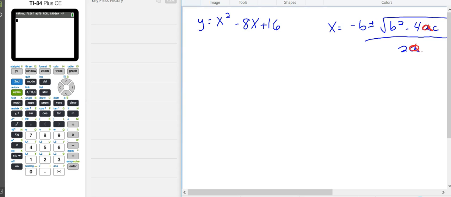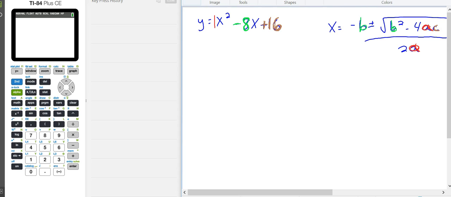Wherever we see an a in our formula, we're going to plug in the a from our equation, which in this case is 1. Wherever we see a b in our formula, we're going to plug in the b from our equation, which in this case is negative 8, because every number always comes with a sign before it. And wherever we see a c, which in this case is positive 16, we're going to plug in positive 16.